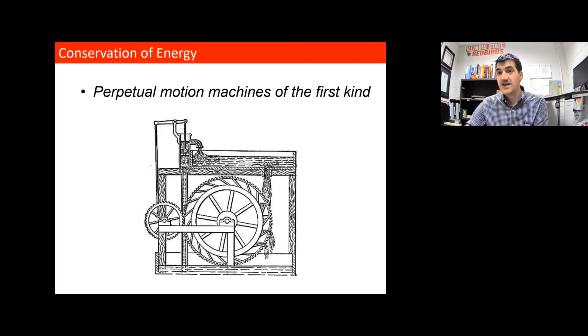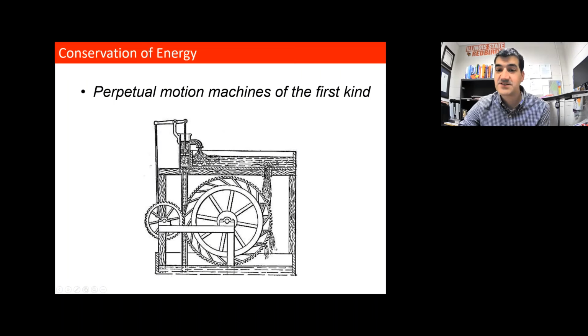Another reason why it doesn't work is because when you are dropping water from here down here, notice some of the water is going to have to spill out of these buckets as this thing is rotating around. Some of the water is spilling out.